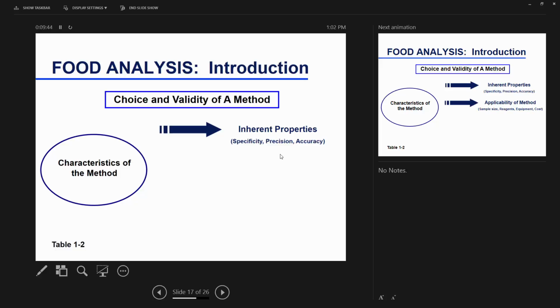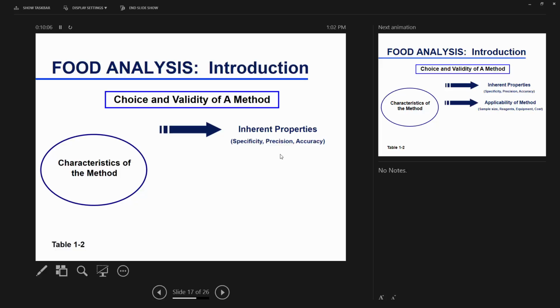So do you know what we mean by specificity? When I say this method is specific or non-specific, what does that mean to you, Aaron? It's going to measure for one particular protein or one specific parameter, I should say. Very good.